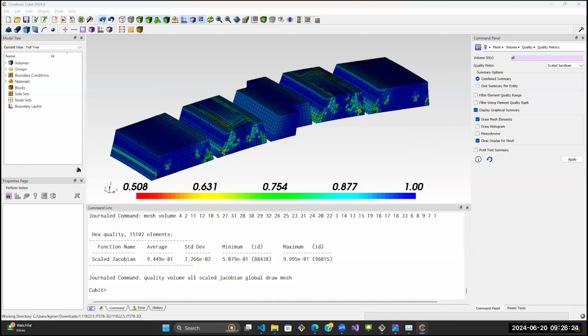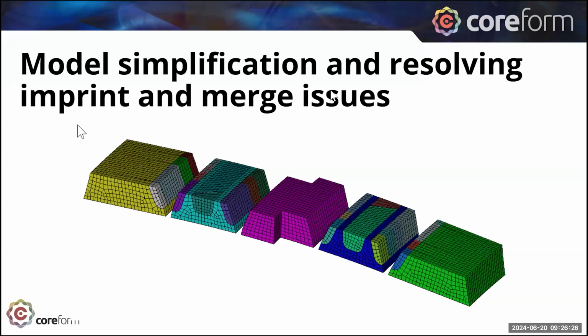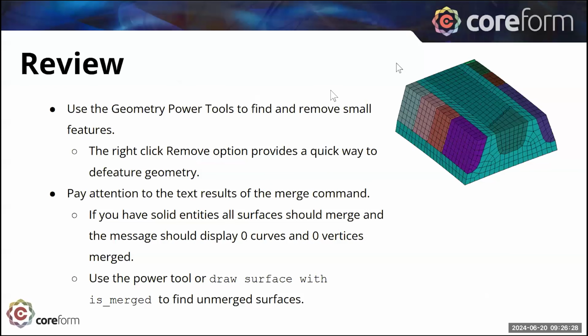So just to review the points here: use the geometry power tool to find and remove small features. It's a great tool, has a lot of things. Use the right-click remove option to defeature that geometry. Pay attention to the things that come out in the command window, especially in the merge command.